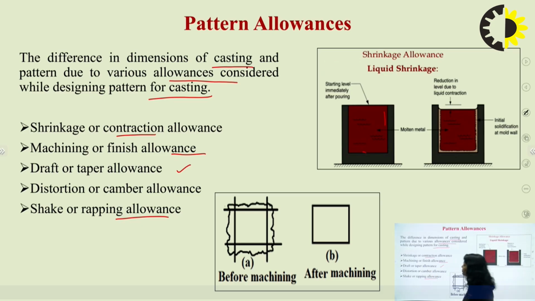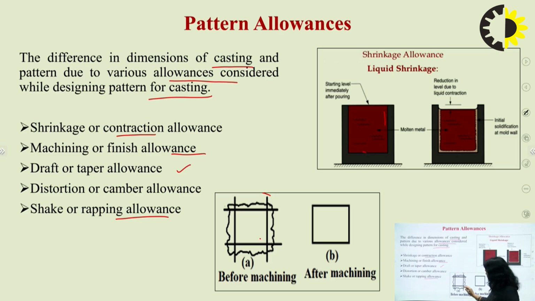Now we come to the machining or finish allowance. During the casting operation, we get only the basic shape and size of the final object. If we require dimensional accuracy, then we have to perform a machining operation, in which the unwanted material is removed with the help of a cutting tool.